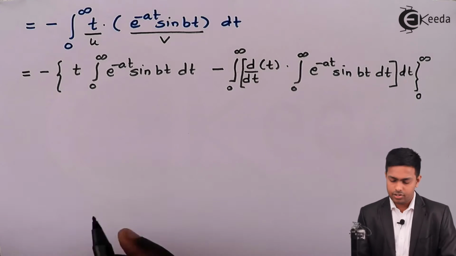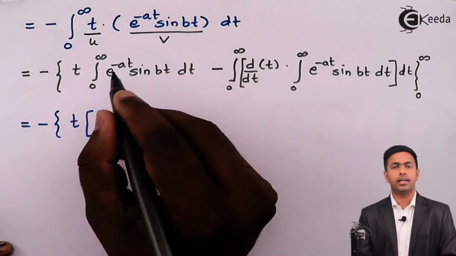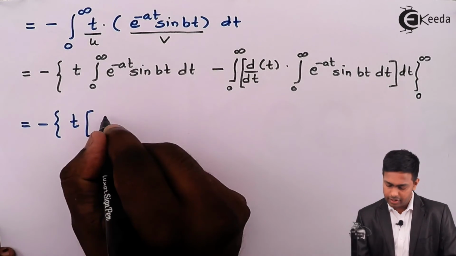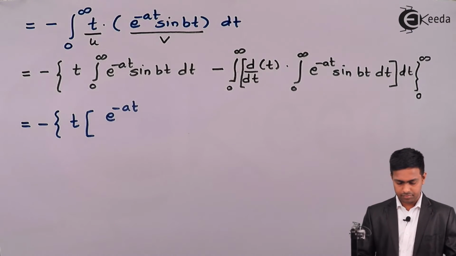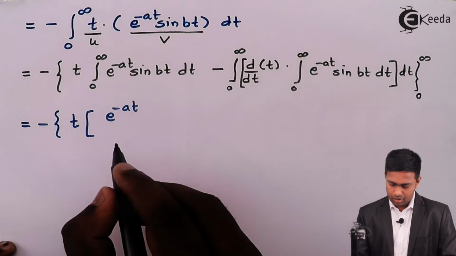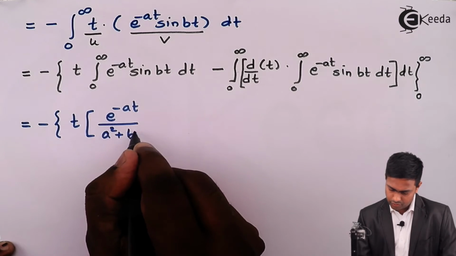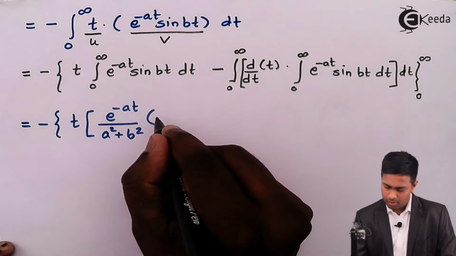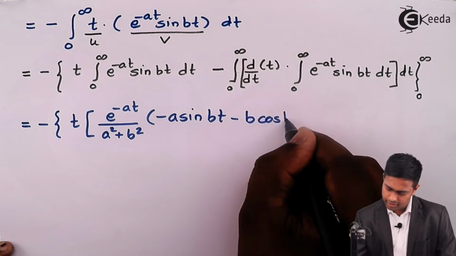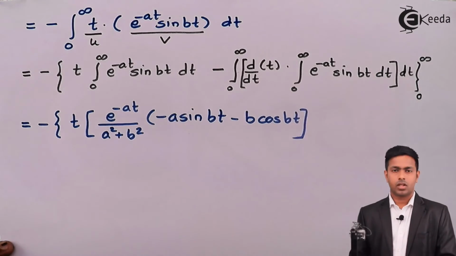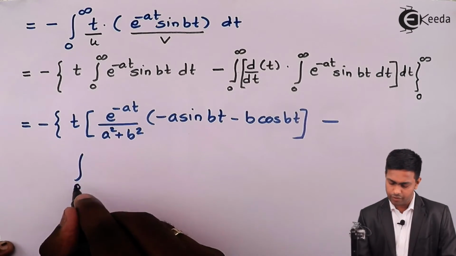Now let's evaluate this. Here we will get the minus sign as it is, t, this bracket, and by the property we will get e raised to minus at upon a square plus b square into minus a sin bt minus b cos bt, minus the next line, the integration from 0 to infinity.